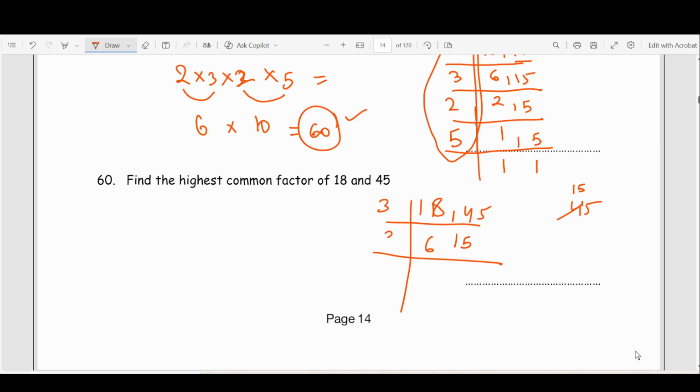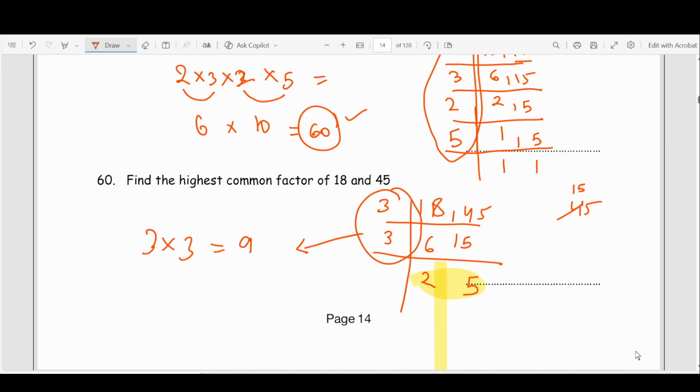Again you divide by 3, so you get 2 and 5. Then, because they both are prime numbers, you can just stop doing it any further, and that is going to be your answer, which is 3 times 3, which is 9.